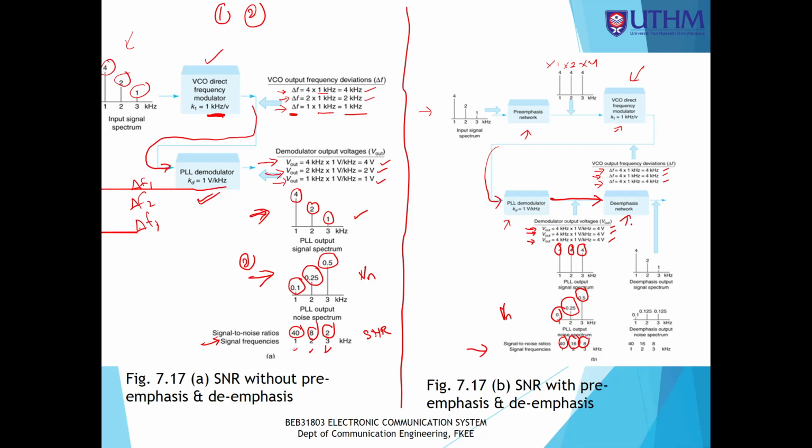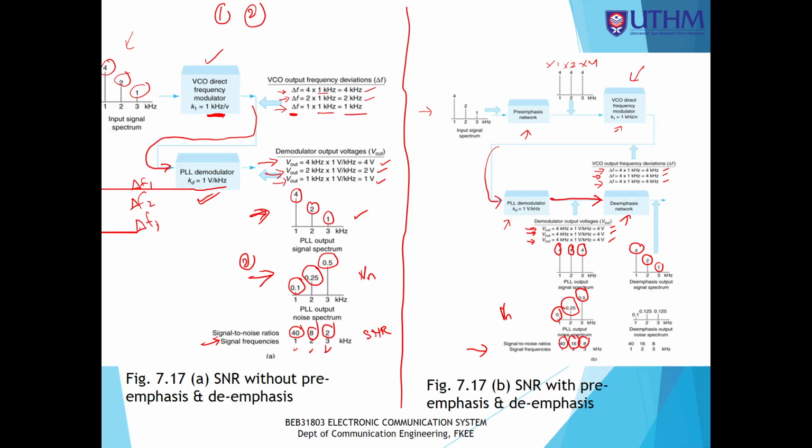Okay, so here 4 volt, from 4 volt we divide with 1, so we get 4 volt, and then 4 volt divide with 2, we're gonna get 2 volt. 4 volt divide with 4, so we're gonna get 1 volt. Okay, we decrease with the same rate like we increased previously in the transmitter.